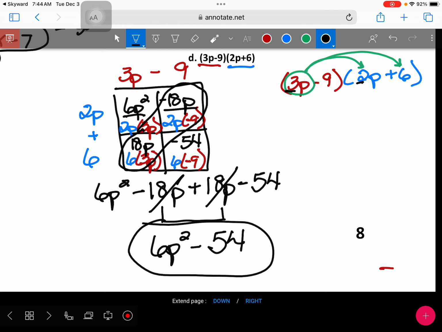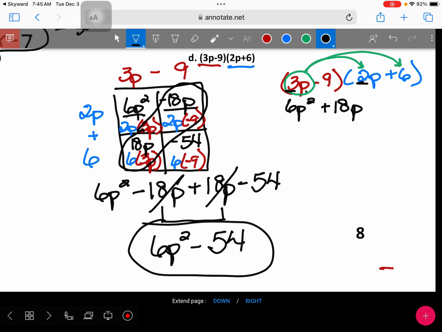So 3 times 2 is 6. p times p is p squared. Then I'm going to take 3p times 6. 3 times 6 is 18. And I have a p. The more you do this, you don't have to necessarily write down each term.